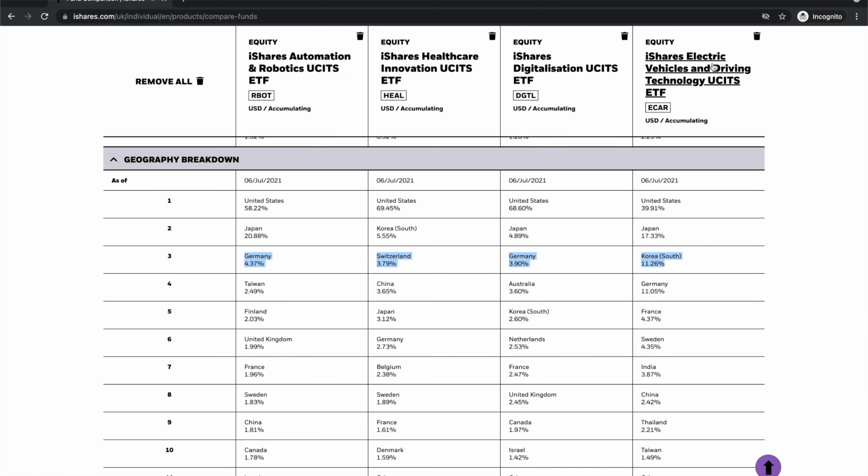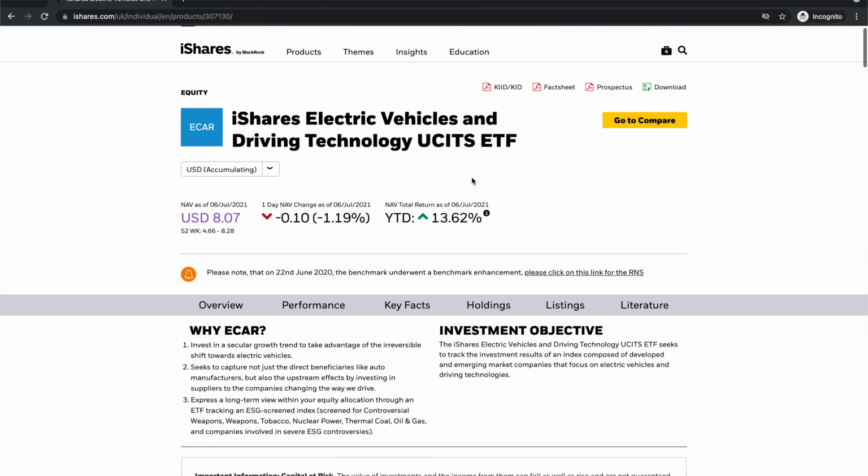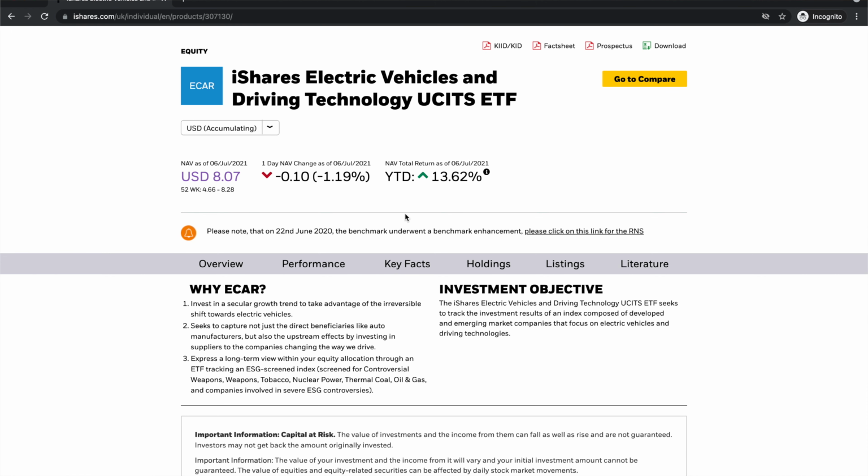Let's say that I am very passionate about the electric vehicle industry. I feel that in the next 10 years, 15 years, there's going to be a boom in electric vehicle adoption. So I want to look more closely at the eCar ETF. I'm going to click on this. Okay, here we have the page for the electric vehicles and driving technology ETF, or eCar.